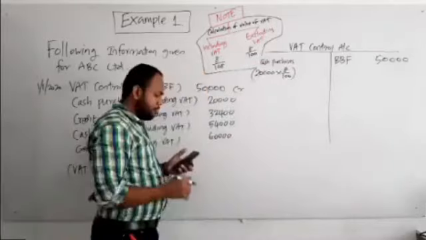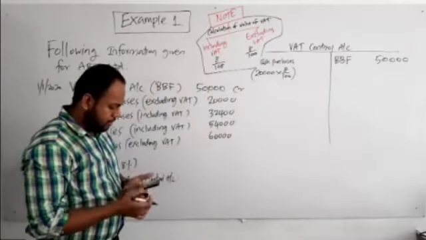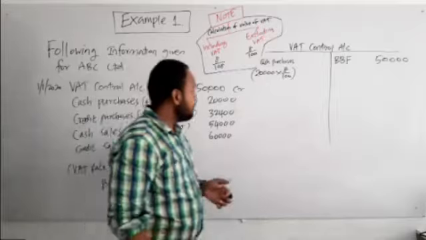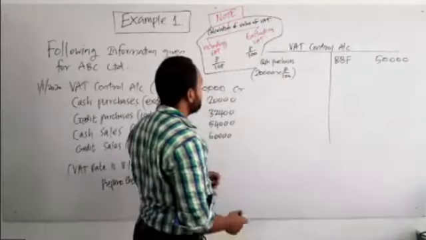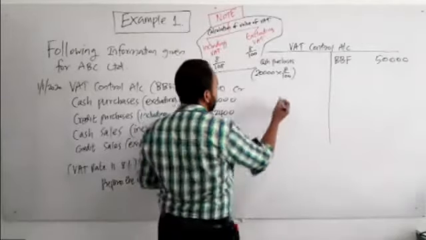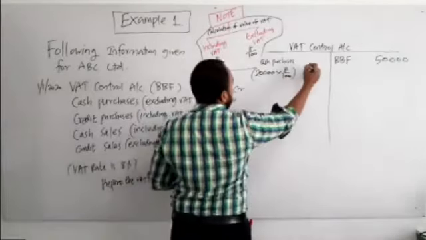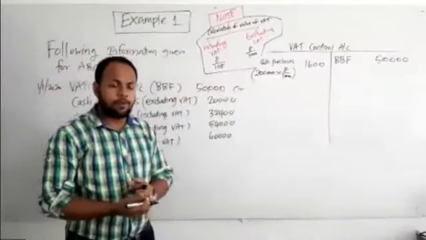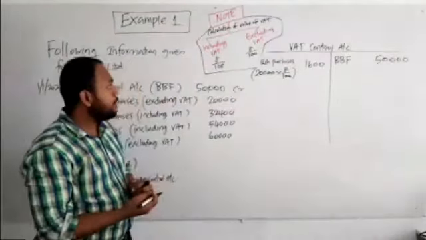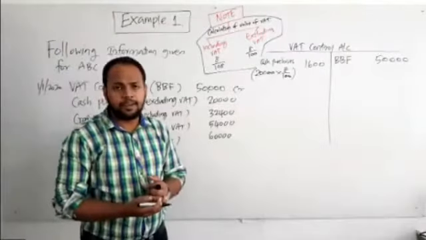Excluding means 8 over 100. Then 1,600. So that's the VAT amount. Excluding, we multiply by 8, divide by 100.